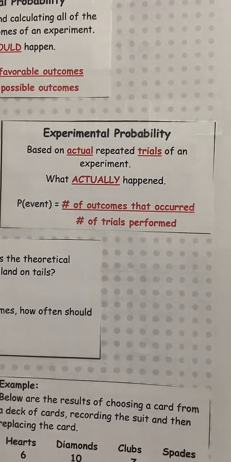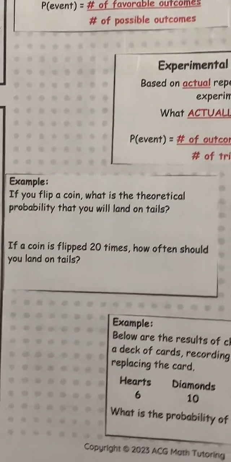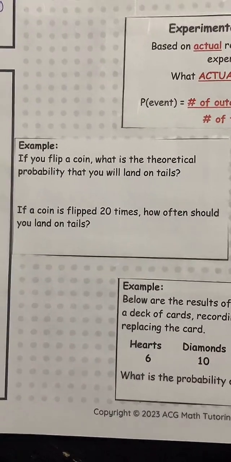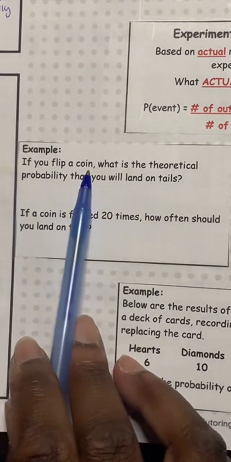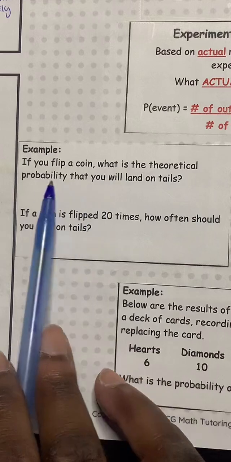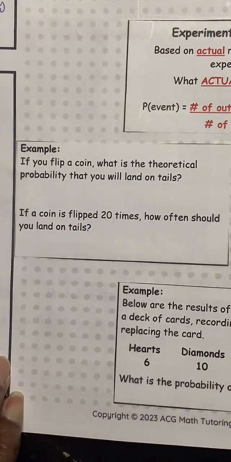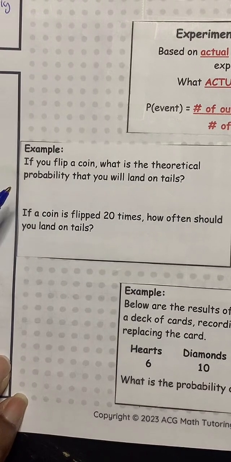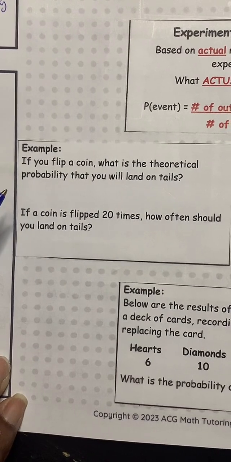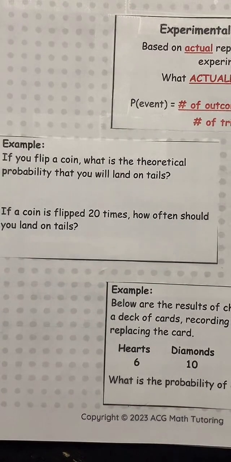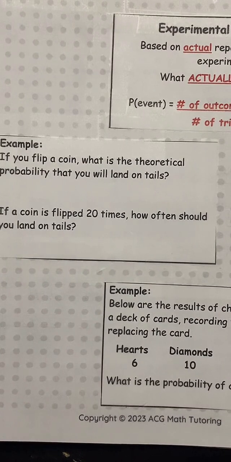So here's a lovely example. If you flip a coin, what is the theoretical probability that you will land on heads? Put it in there. So Ryan is saying 1/2.